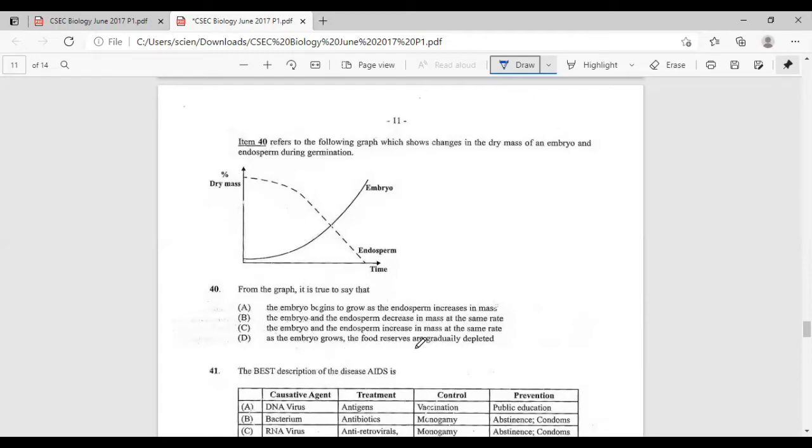Remember, the endosperm stores food for the plant to grow. So if the plant is growing, eventually the food in the endosperm is going to be depleted. So the answer is definitely D.